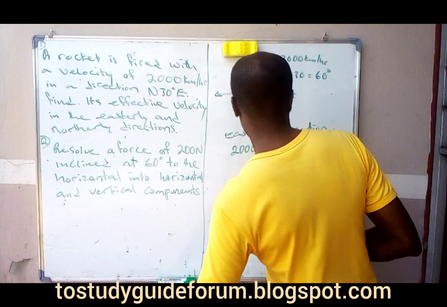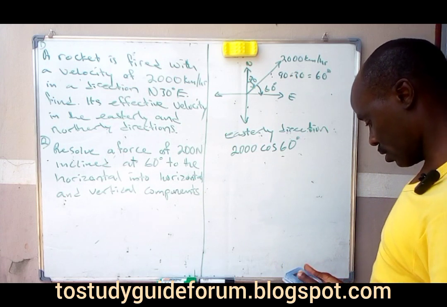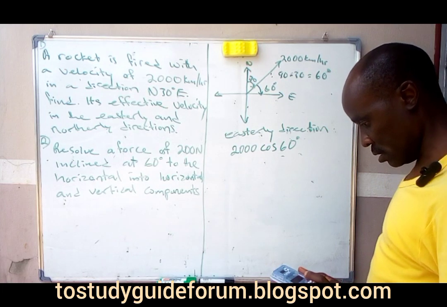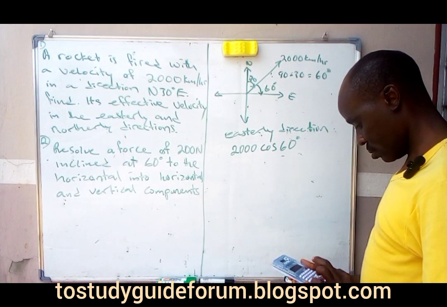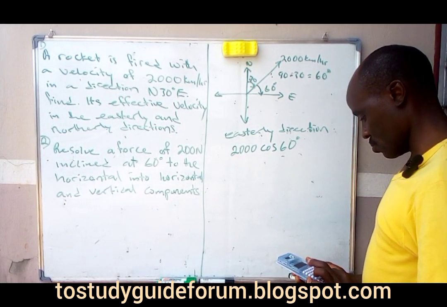Let's see what we have by using our calculator here. We have cos 60, multiplied by 2000.